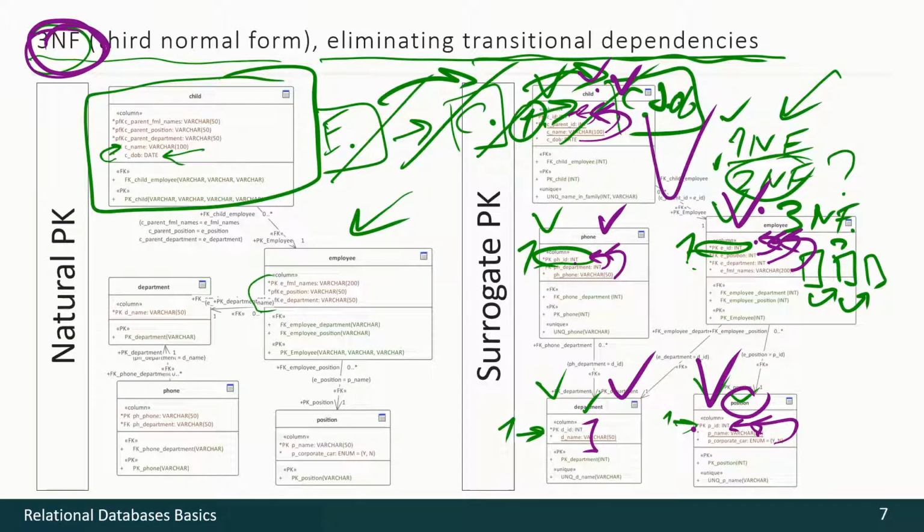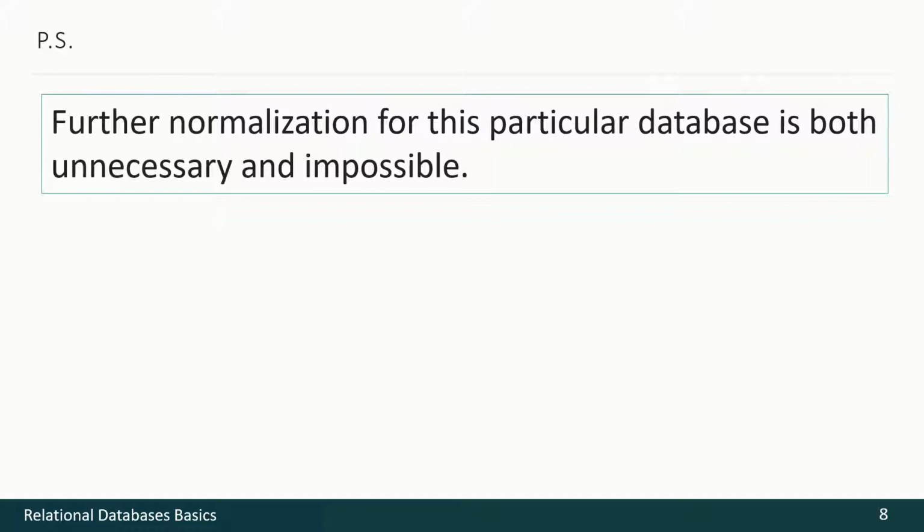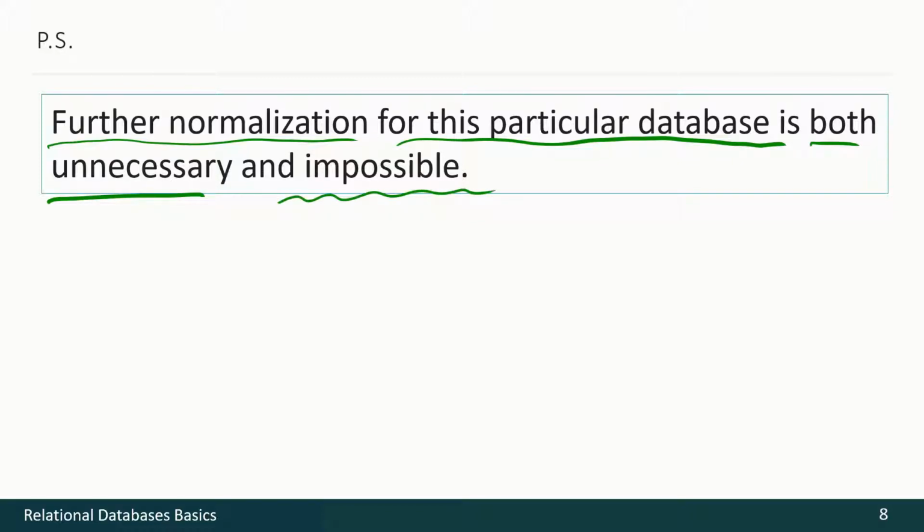You may easily repeat that analysis for natural primary key with this picture. And yes, that's all, because further normalization for this particular database is both unnecessary and even impossible. Of course, with the evolution of this database, when we add other relations, the question of normalization may arise.